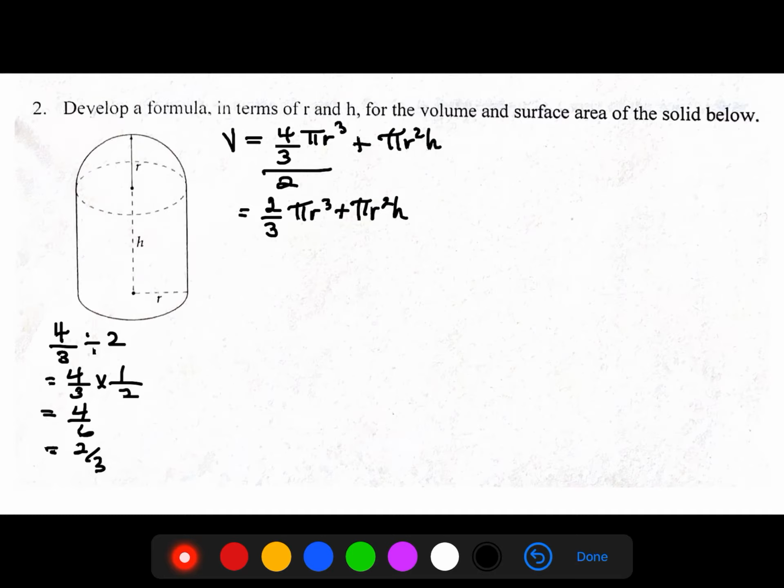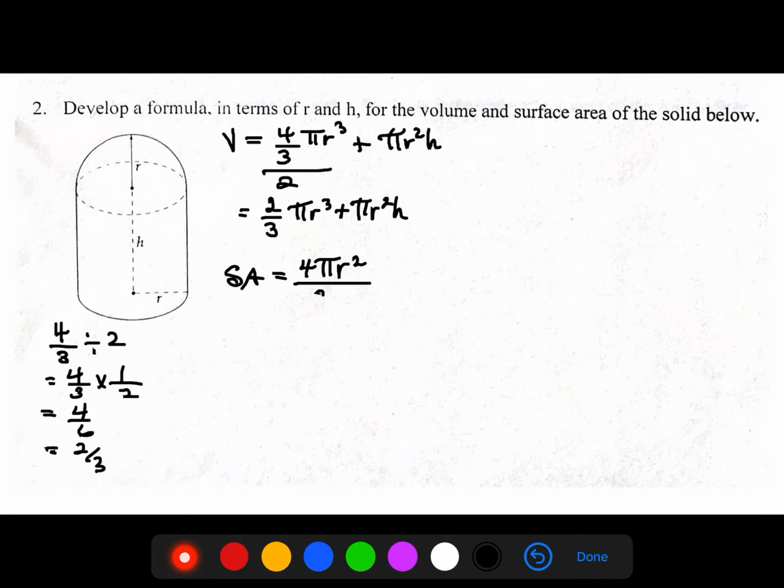So simplifying this, we're going to get 2/3 pi r cubed plus pi r squared h. And we're going to leave it at that. That's about as simplified as we can make this without making it more difficult.